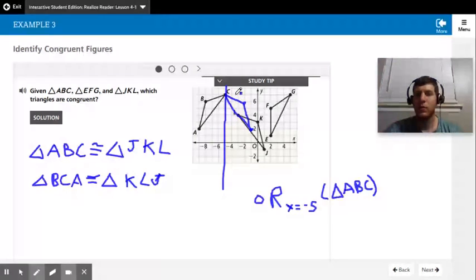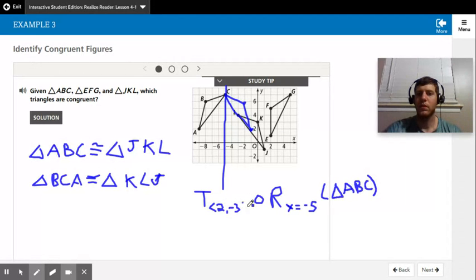We can translate that 2 to the right and 3 down. So if we translate that 2 to the right, that's going to be positive 2, and then negative 3. So we're taking the translation of the reflection over that line of triangle ABC, and that's going to give us triangle JKL.